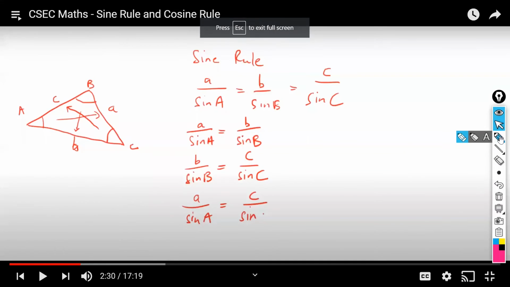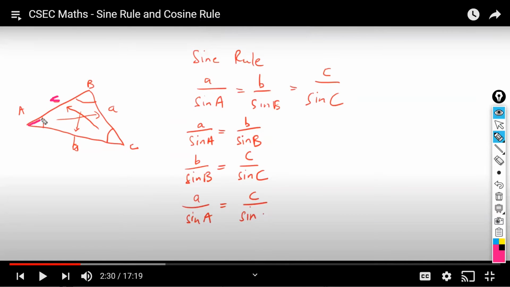And another thing, guys, remember the side over here, this c over here, is for this angle over here. So I'm going to give you some more information related to the sine rule. If you have an angle here, this angle is pointing to that side.